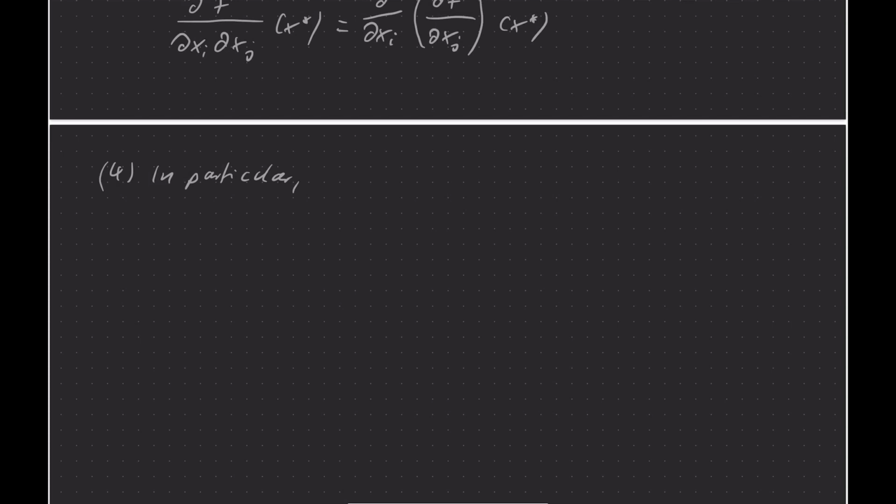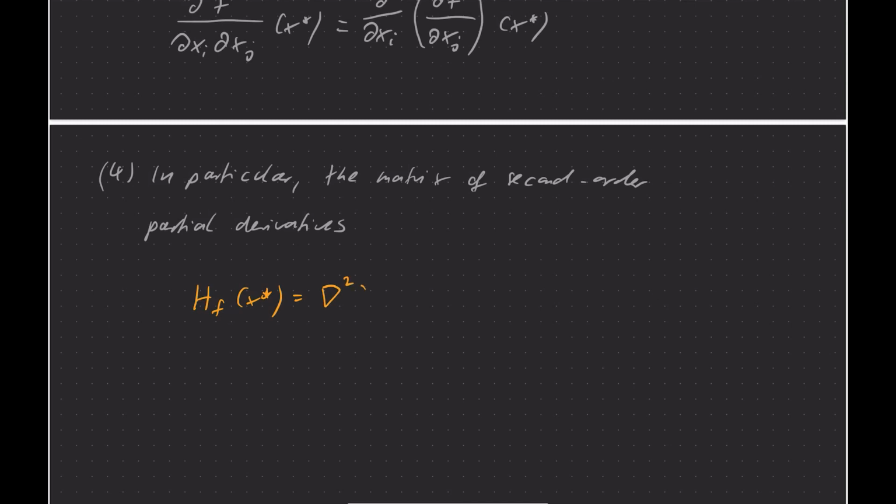So in particular, the matrix of second order partial derivatives is denoted by Hf of x star, or sometimes nabla squared f of x star, and that just consists of all partial derivatives of second order d squared f dxi dxj evaluated at the point x star for i and j from 1 to n.